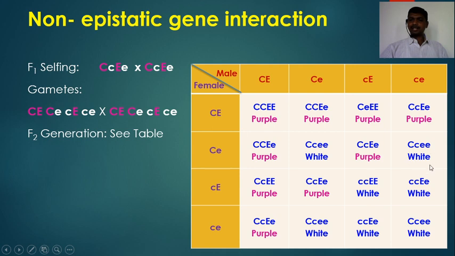Similar is the case here also, only one allele C has been dominant. In this case only one allele E is dominant, others are recessive, because of which it has white color. So if you see the phenotypic ratio of F2 generation, it is 9 purple and 7 white.